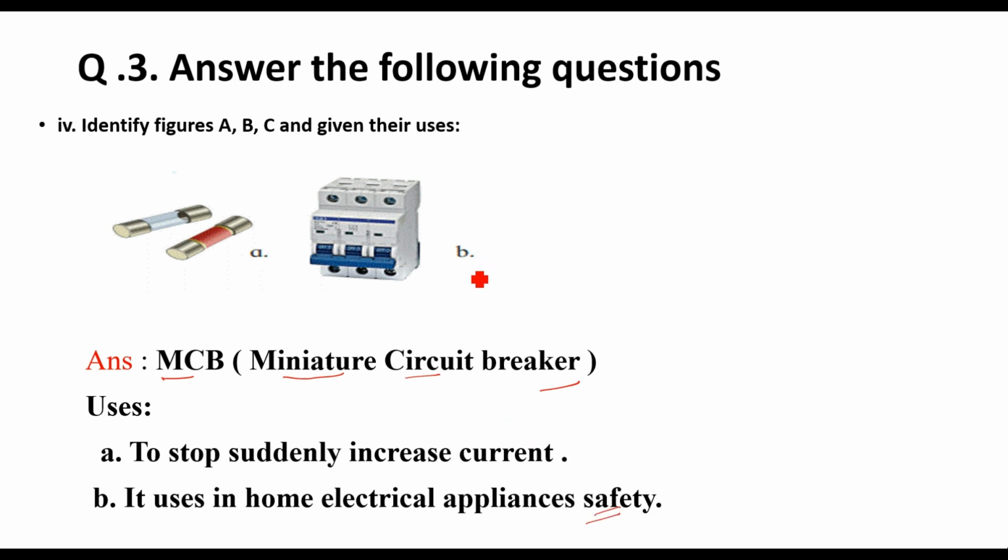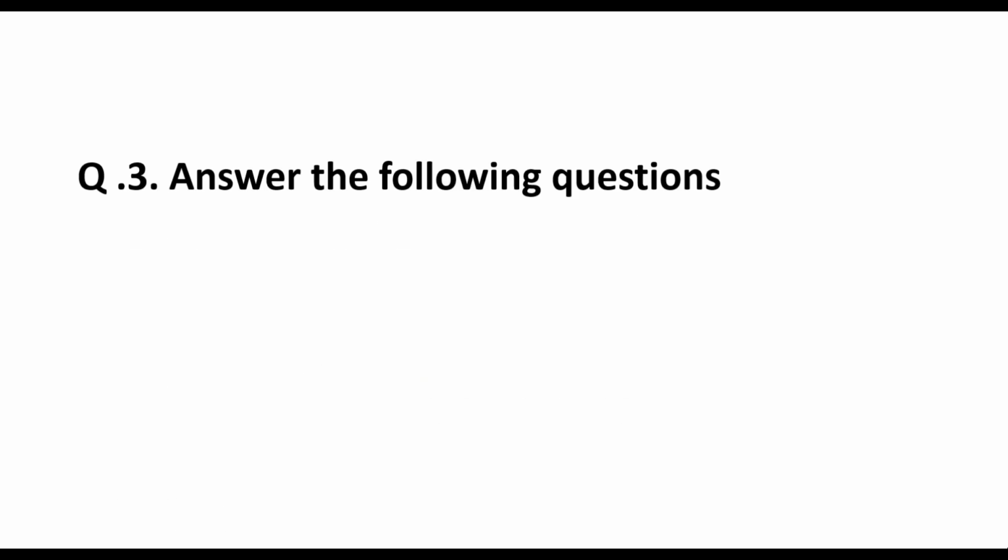It is just like a fuse, but a fuse has to be replaced, whereas this does not have to be replaced when the trigger goes down. You can just trigger it up and we can continue our work. So nowadays in our houses MCB type circuits are used. It's the advanced fuse, you can say.